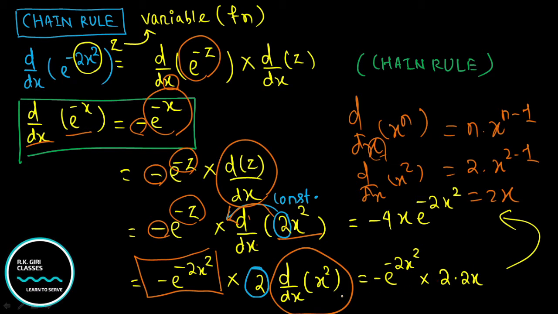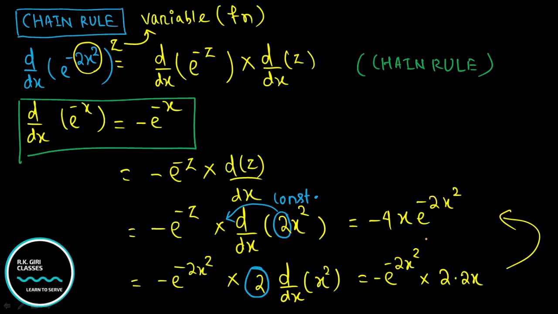So what was the result? That is 2x into 2 into e to the power minus 2x square, with a minus sign, so what was your result? That is minus 4x e to the power minus 2x square.